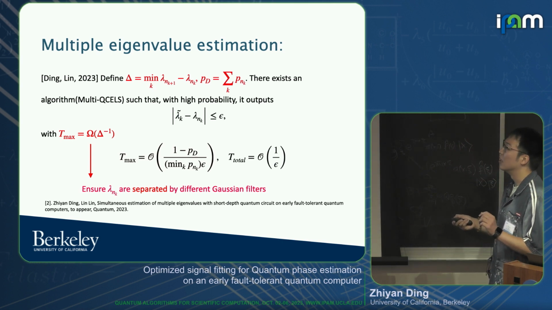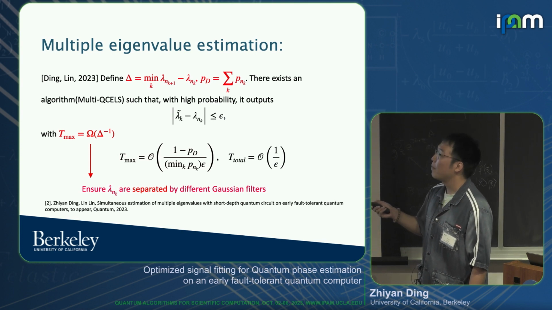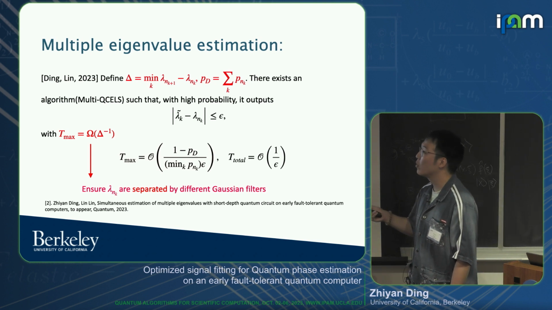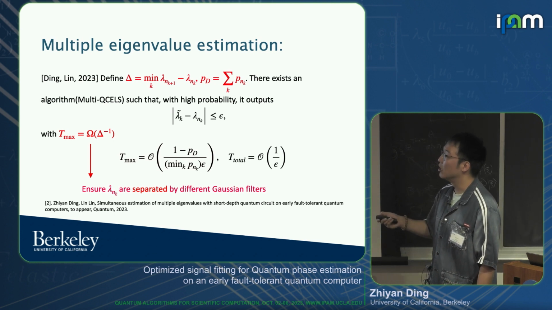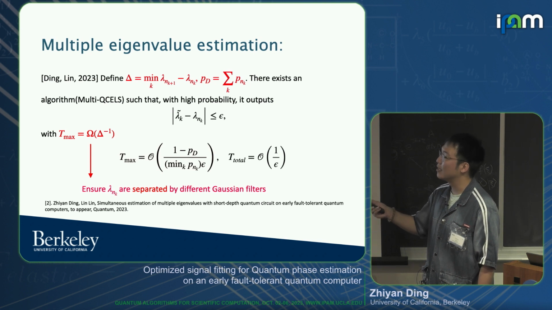Here I define the gap between the dominant eigenvalues as delta, and this p_D is the summation of the dominant overlaps. Then in our algorithm, to get a theoretical result, we do need our T_max to be larger than 1 over delta, the gap.